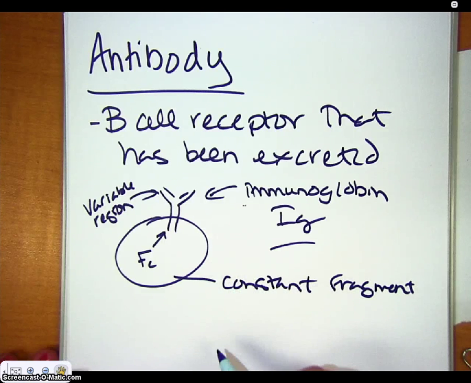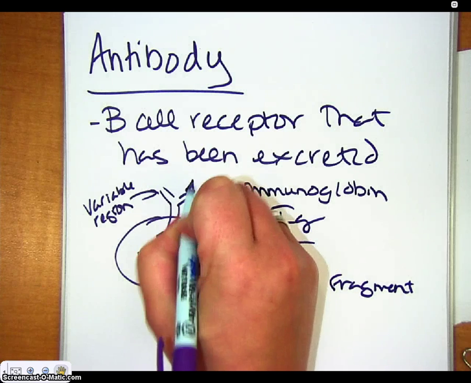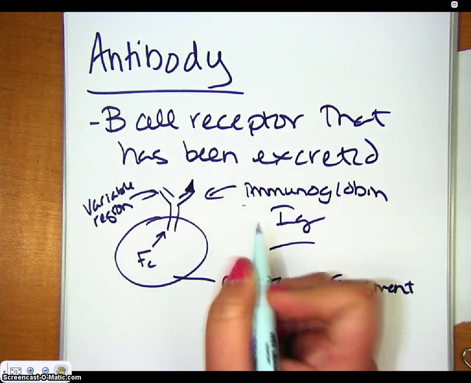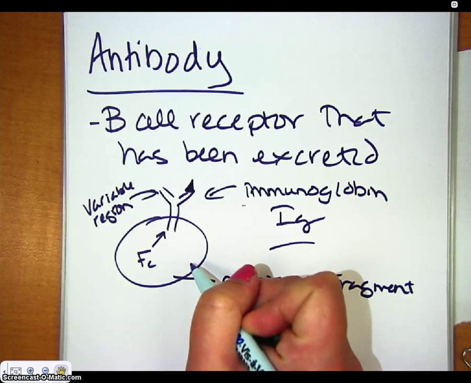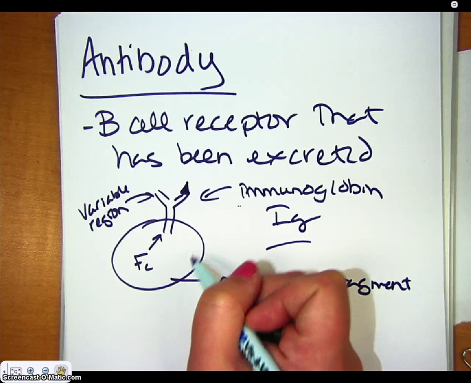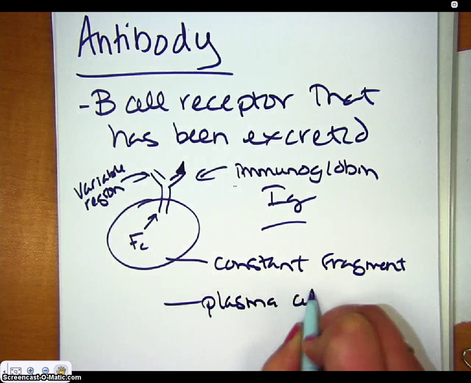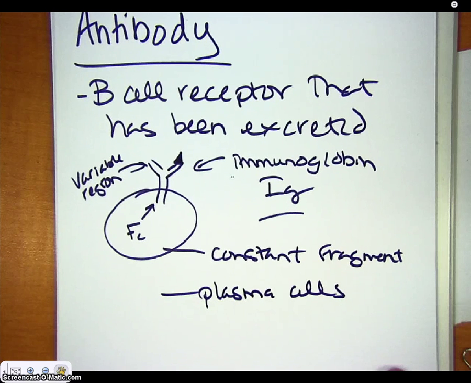So what the B cells do is, after the receptor has, say, responded to some sort of antigen, it triggers that B cell to start making antibody, start making copies of itself, which are called plasma cells. So plasma cells. Right. And it starts to pump that antibody out, and the antibody then drains from the lymph nodes.